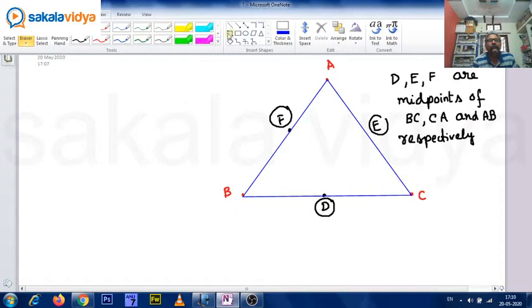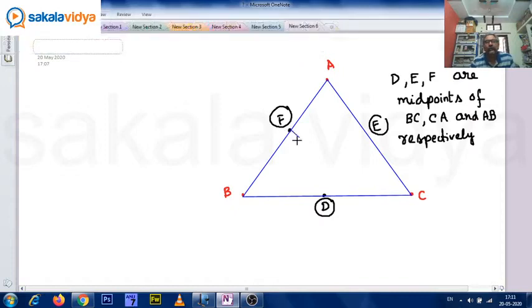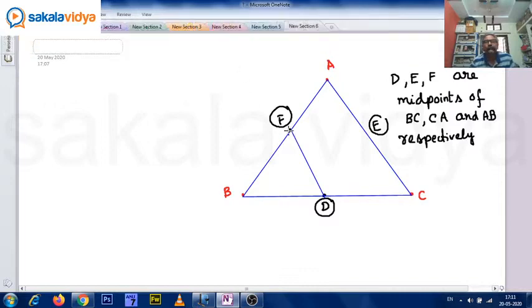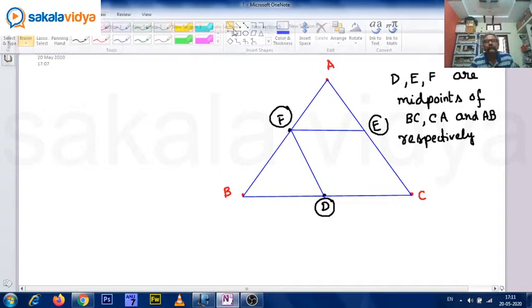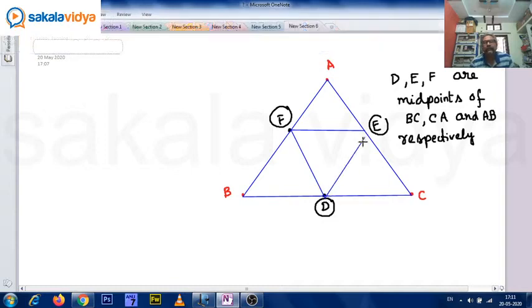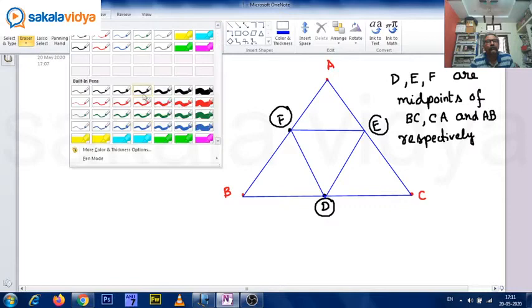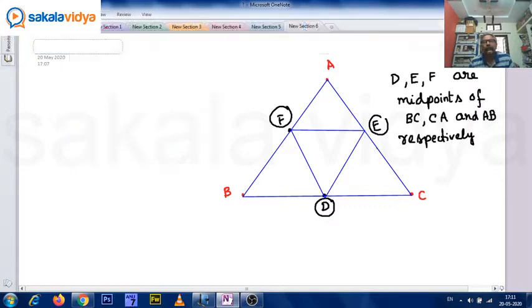So now you join D. Okay. So for example, this is the E point.